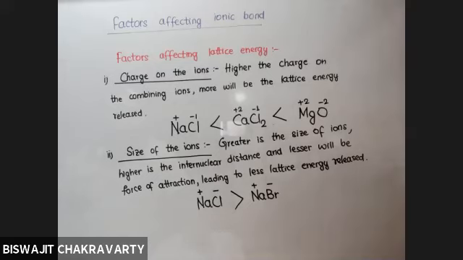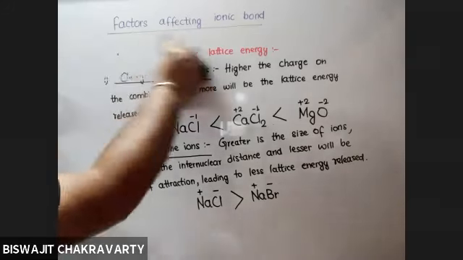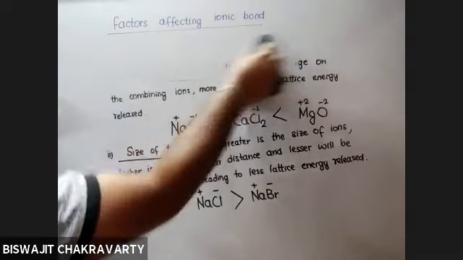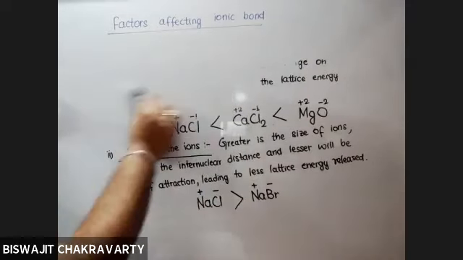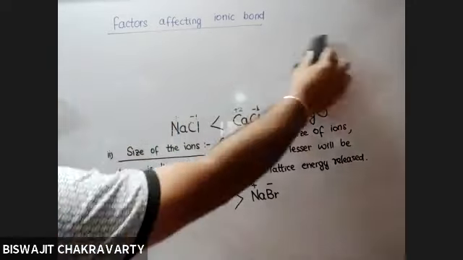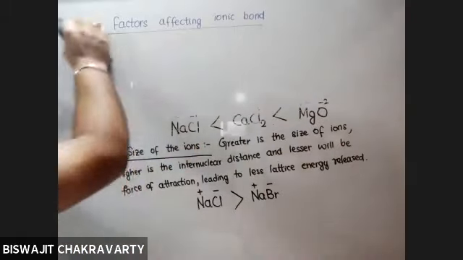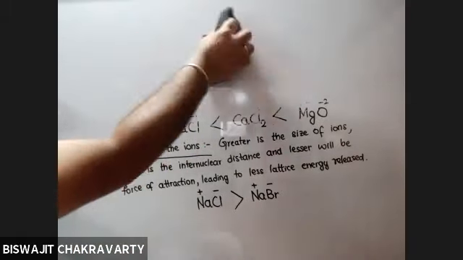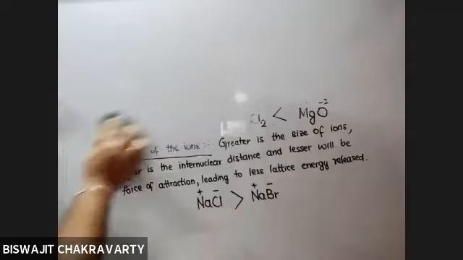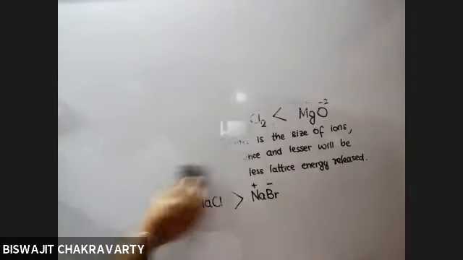Because whenever energy is released during the process, it should be released in greater amount. And whenever energy is absorbed during any process, it should be absorbed in lesser amount so that the system is left with less amount of energy. So these are the factors which affect the formation of an ionic bond.